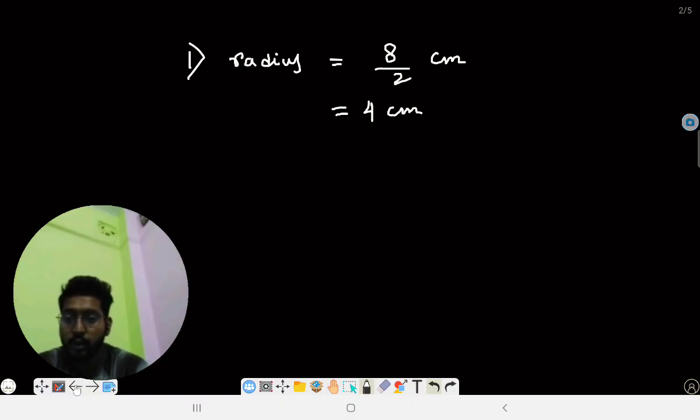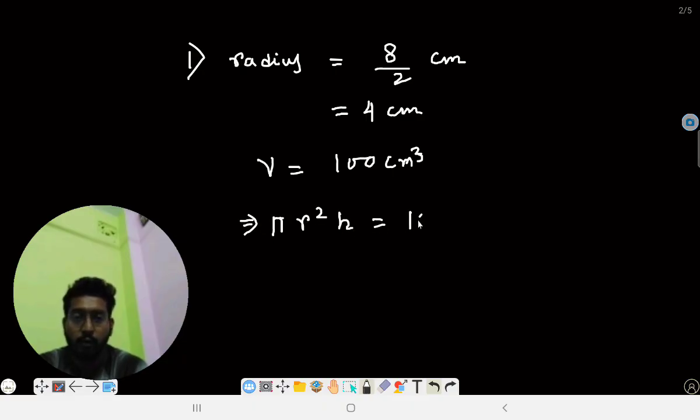Now next one, volume is given here, 100 centimeter cube. Now we know the formula for volume. Volume is pi r square h. We know the value of pi is 22 by 7. r square, r is here 4, that means 4 square into h.